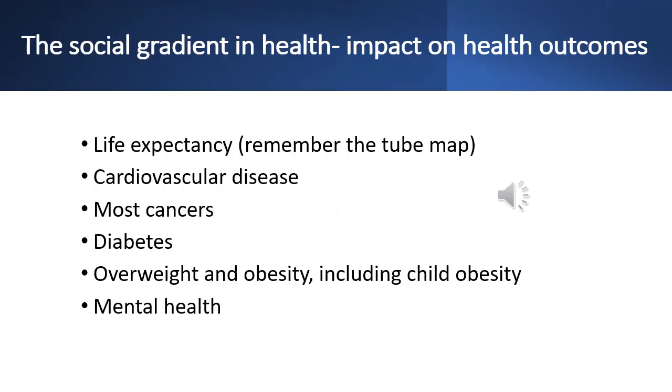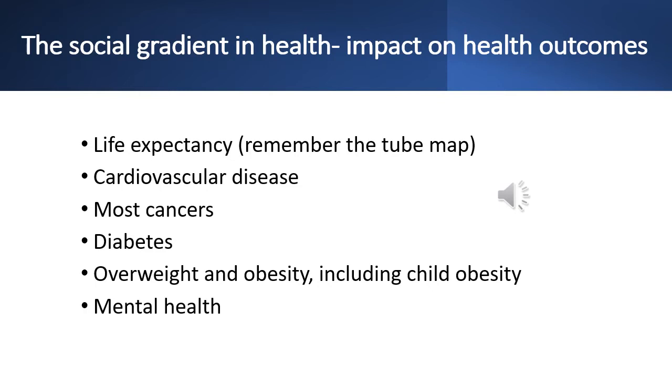After talking about the tools used to evaluate the social gradients, there are many studies that have utilized those tools to assess the impact of social gradients on health outcomes, especially on the prevalence of non-communicable disease in one group versus the other.